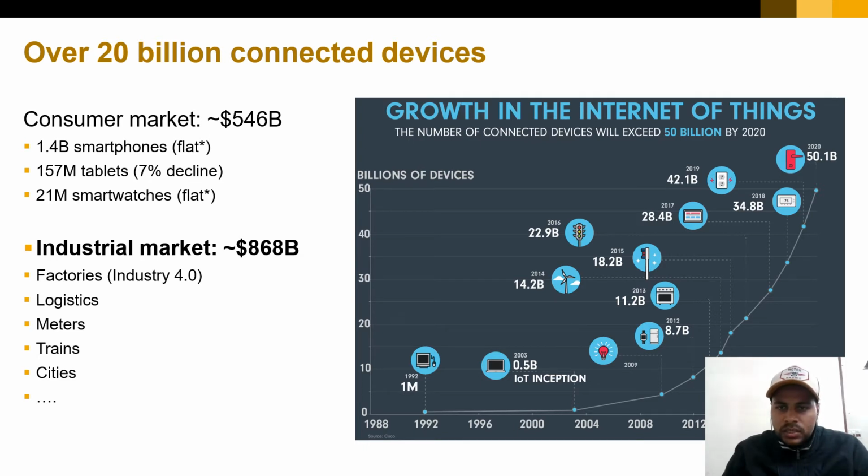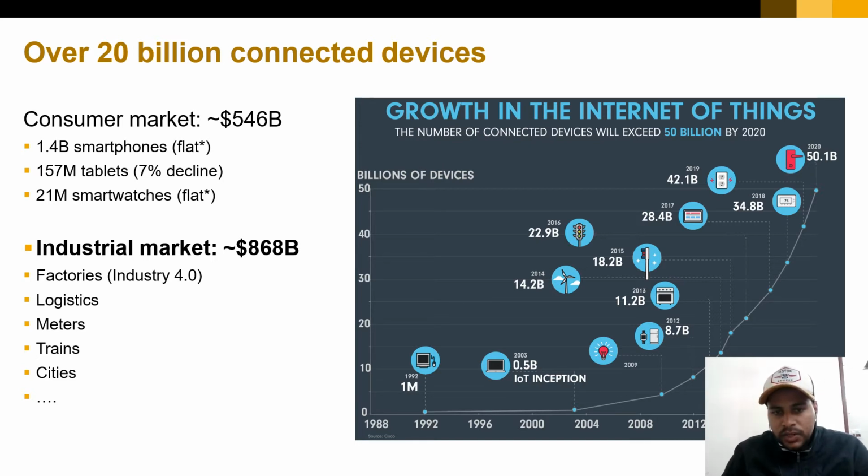This is the graph depicted in the slide. It's the graph between billions of devices and the year, showing the rate at which they are increasing. The devices having the capability to communicate are increasing at a humongous rate.